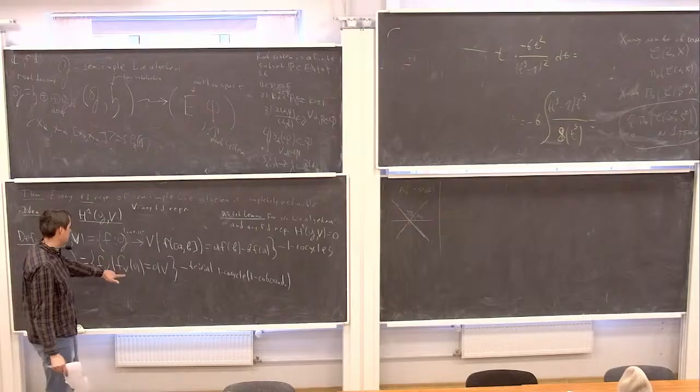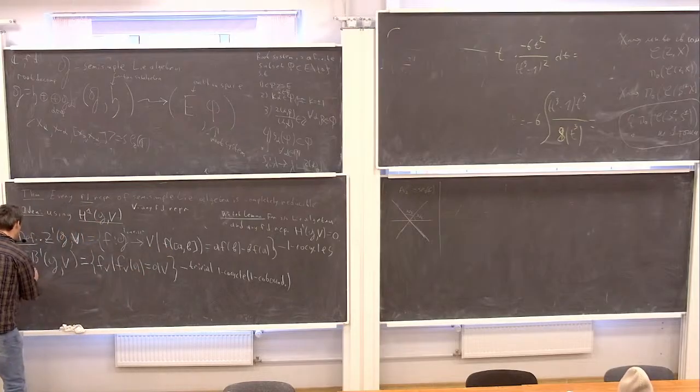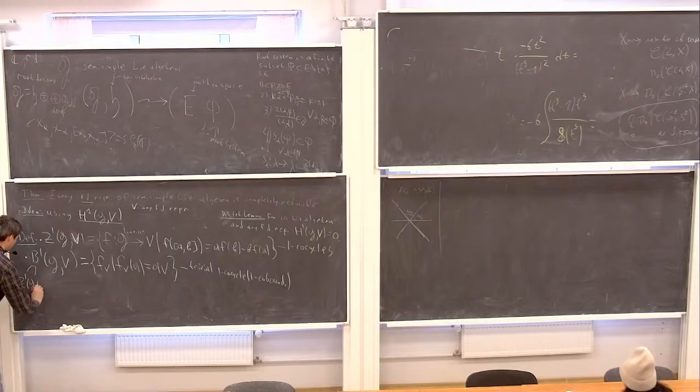Let's check this property. I claim that this B1 is a subspace of this, right? What do I need to check?